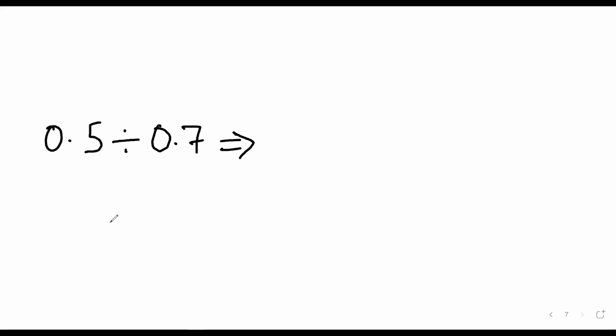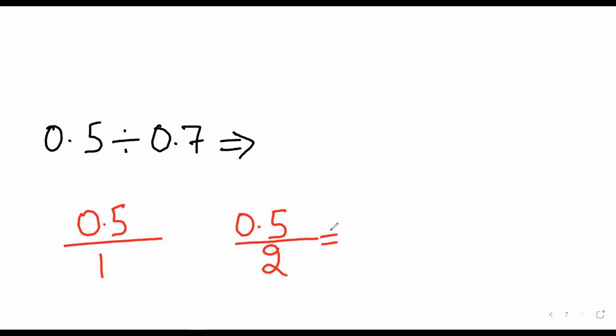Suppose 0.5 upon 1, will that be a fraction? No problem. See, okay, I understood your doubt. In this case it will be 5 upon 10 divided by 7 upon 10, then you multiply it.